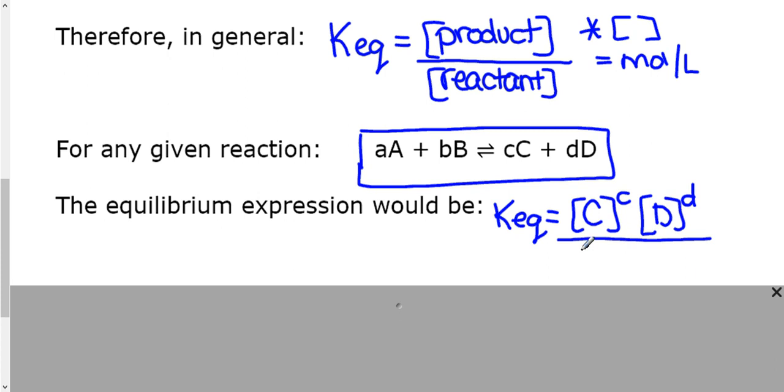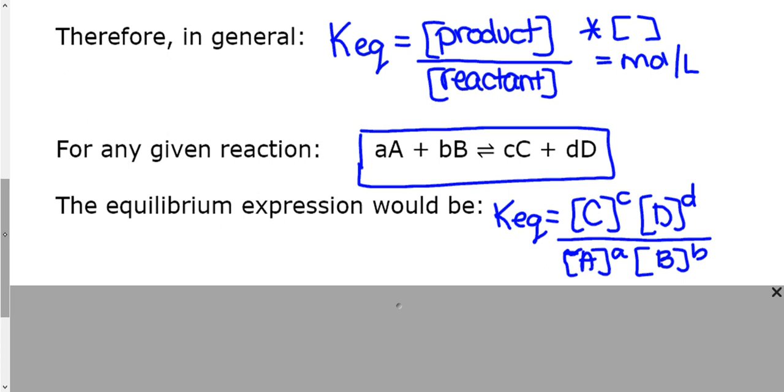On the bottom, you're going to put your reactant A, and then your other reactant B there. So that's a general rate law expression for an equilibrium reaction, but we don't call it rate law anymore. We're calling it an equilibrium expression, or KEQ value.